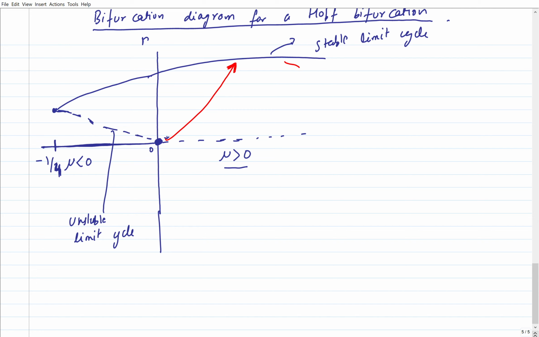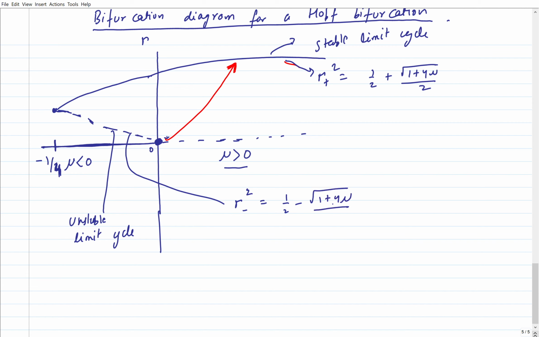I can of course write down this guy as we've already discussed. This was r plus square. Journey was half plus, 1 plus 4 mu by 2. Don't need a square root sign. r minus plus 4 this guy.